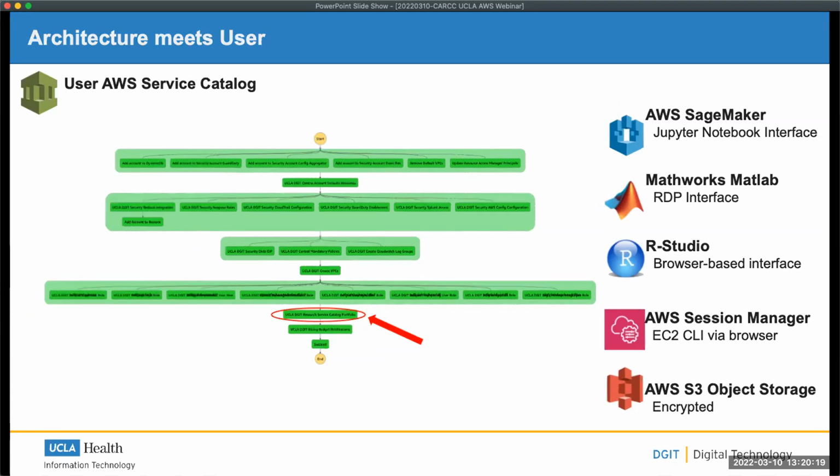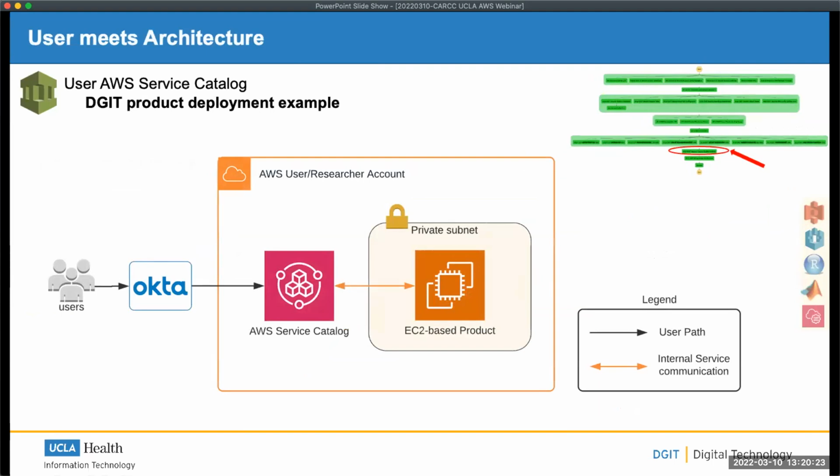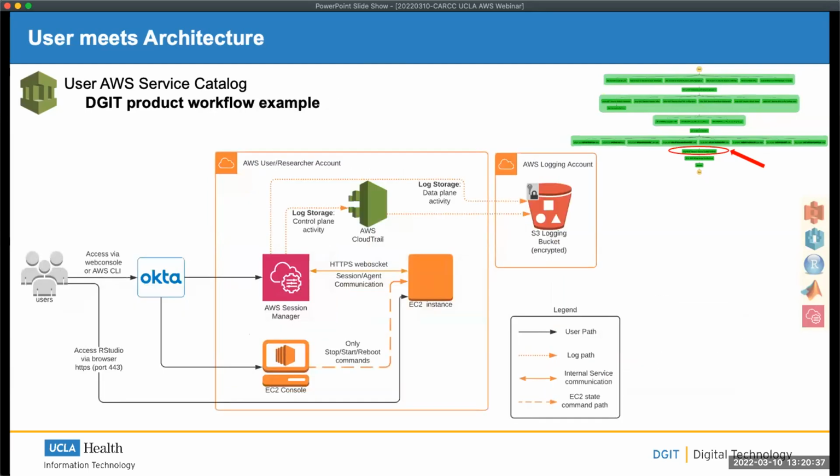So for the user's workflow, when they come to log into an AWS account, they would authenticate in Okta with their Active Directory and MFA, navigate to their service catalog, and then choose any one of the products. In this case, listed here as an EC2-based product, and then hit launch. Behind the scenes, when they launch it, is a full stack of integrations and configurations.